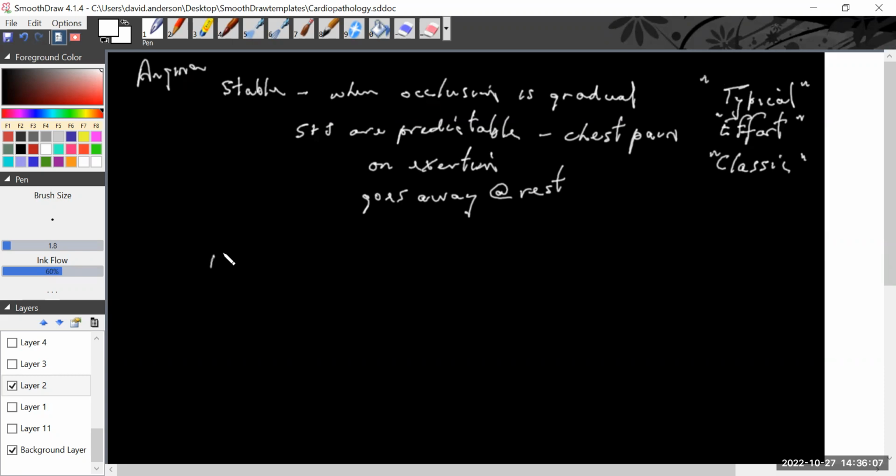Now, when we look at unstable angina, it's sometimes got the word crescendo associated with it because sometimes what we see is an acceleration of the symptoms, and that's a classic presentation for unstable.